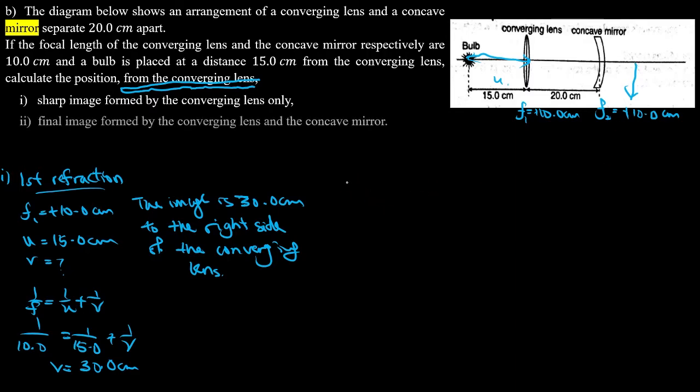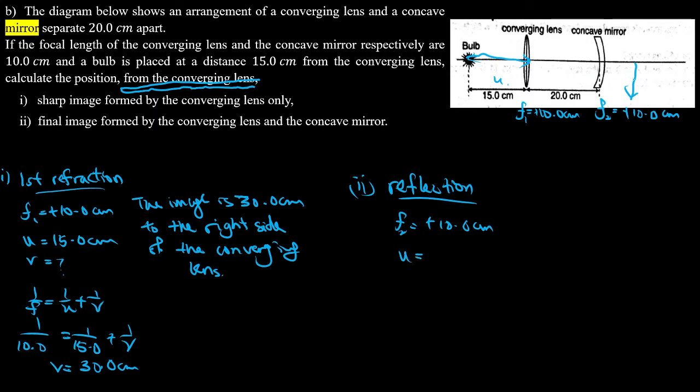Then the second question is the final image formed by the converging lens and the concave mirror. It means you have to find it after the first image is formed here. Now this image will act as the object of your concave mirror, so this will undergo reflection, because it is a mirror. So your f is positive 10.0 cm, while your u, how to determine?